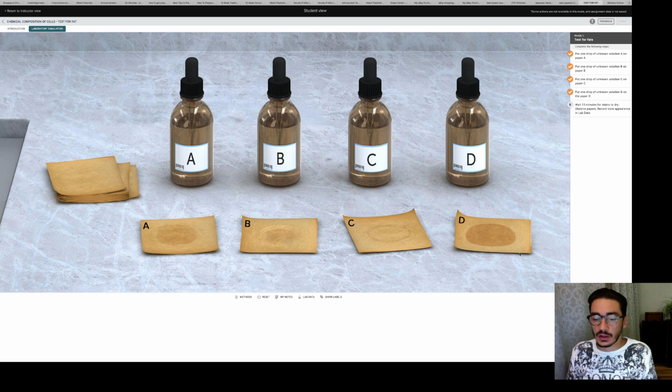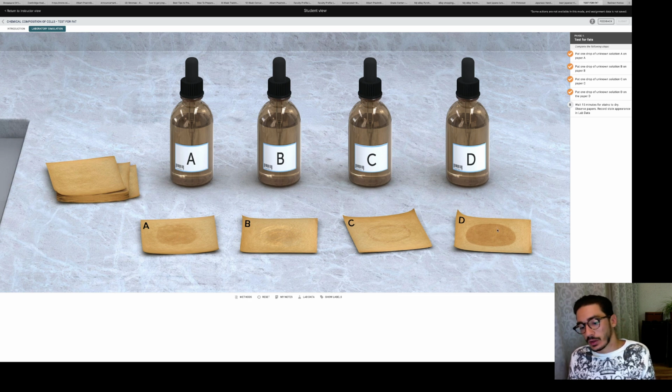So basically, after 15 minutes, some substances evaporate. For example, this one has evaporated, but in A we can see some shadow which has been left from the substance. So probably it has some oil here. Definitely D1 has an oil.